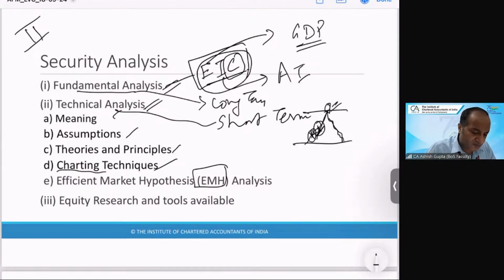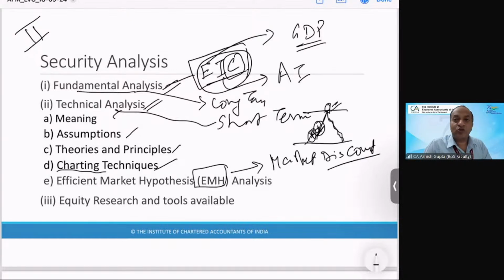Next we come to the topic of the efficient market hypothesis. This theory is related to the fact that the market discounts everything. It means the market reacts to any information.